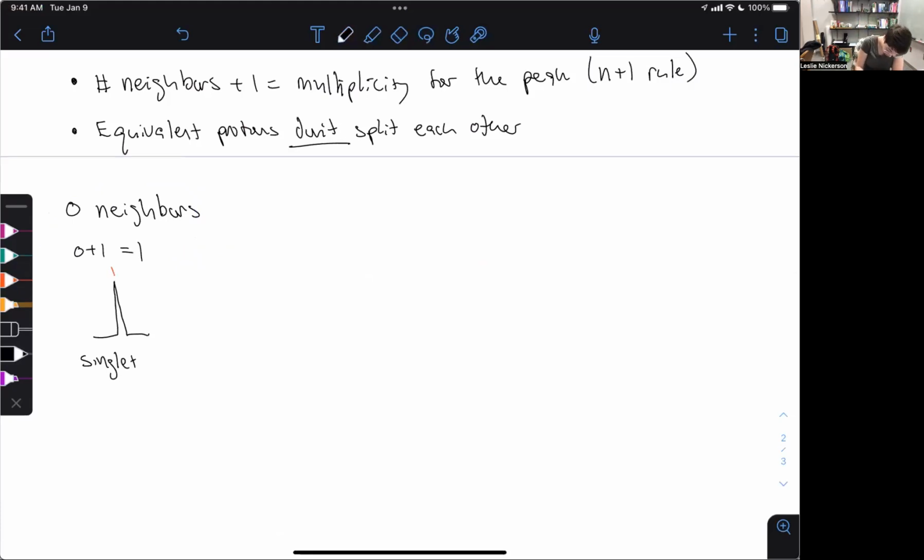If I have 1 neighbor, that's going to be 1 plus 1 equals 2. That's going to give me a doublet. Also, singlet is going to be a small s. Little d.